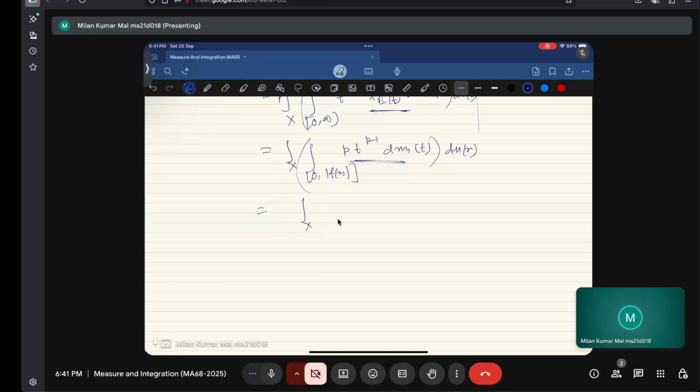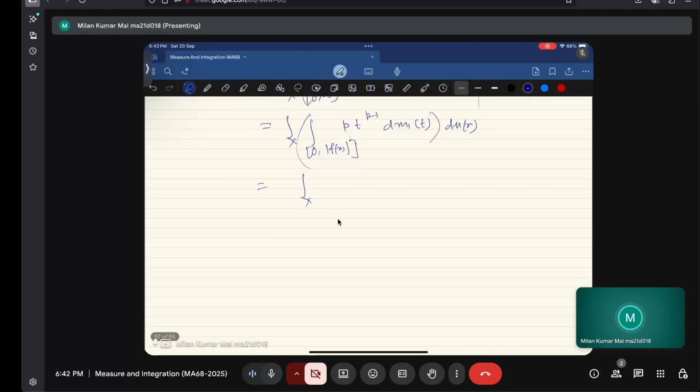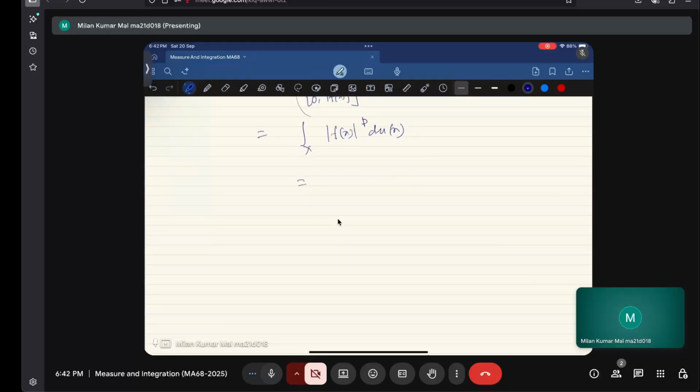So one can do the usual Riemann integral, or use absolute continuity: if a function is absolutely continuous, then its derivative is integrable, and the integral of the derivative is the difference of the function at the two endpoints. So it will be t^p, and it will be |f(x)|^p dμ(x), and this is what we have to prove.